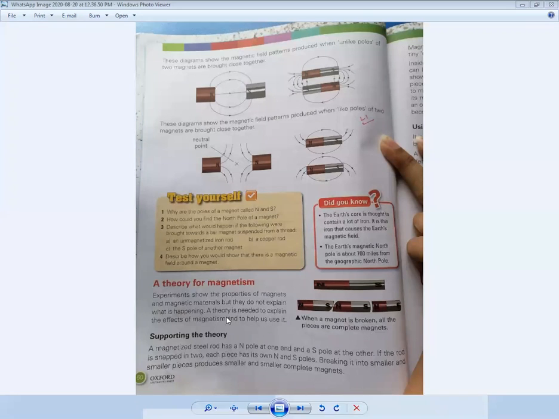So from this we understand that the experiments we do to find the magnetic force cannot explain what is actually happening inside the magnet. For this, we need a theory to explain the effects of magnetism and help us use it.